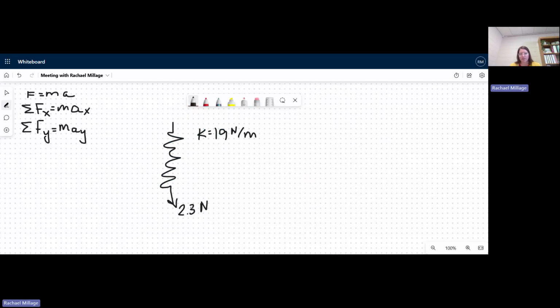When I pull down with this force of 2.3 newtons, what is my displacement? That would be my X value. What does my X equal? Find the answer in both meters and then convert to centimeters. Do this on your own.